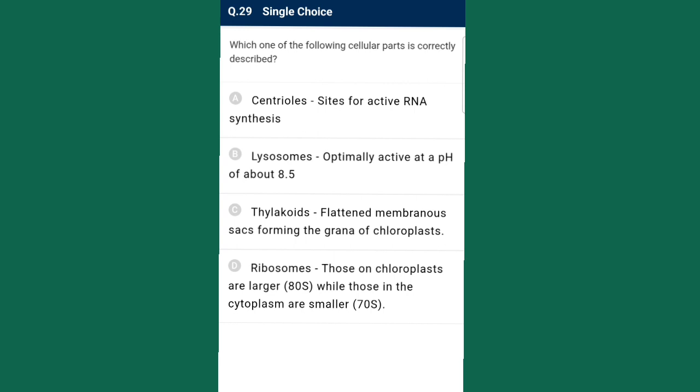Thylakoids are membrane-bound organelles found within the chloroplast. The thylakoid membrane forms many flattened fluid-filled tubules that enclose a single convoluted compartment. The tubules tend to stack on top of each other to form the granum. So the answer for this question is option C. Thylakoids have flattened membranous sacs forming grana of chloroplast.